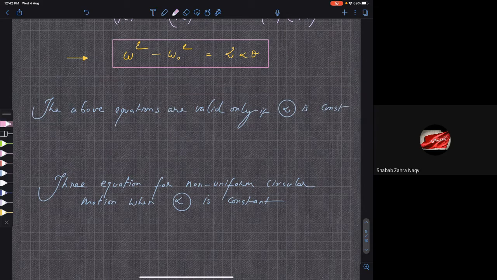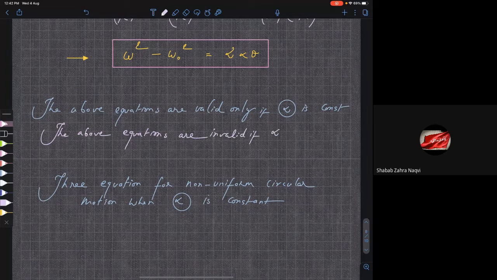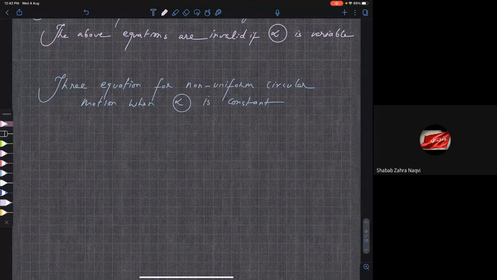They are not valid, invalid, if alpha is variable. Clear?